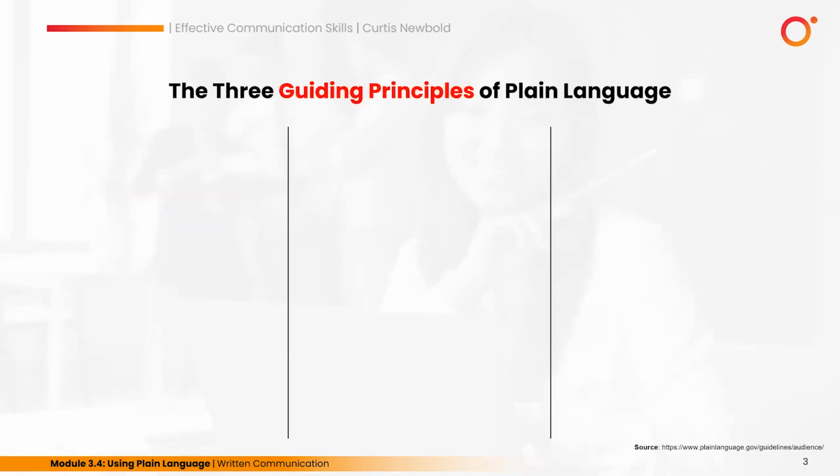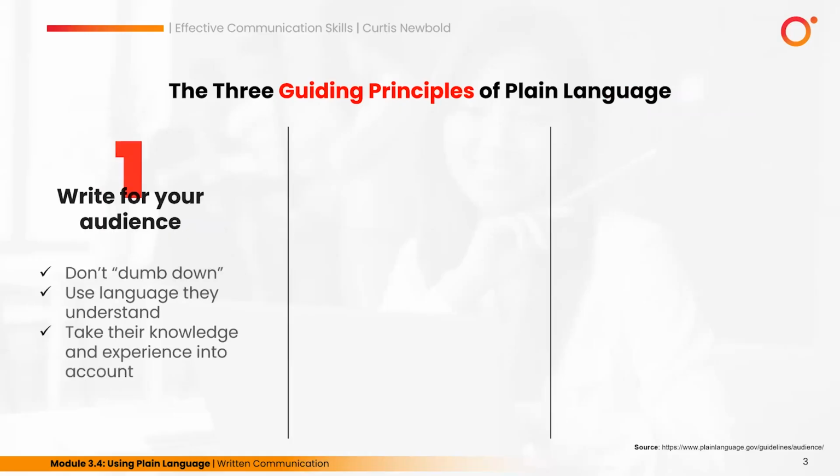So, three guiding principles of plain language. First of all, we write for our audience, meaning that various audiences have different needs, different levels of vocabulary, or different levels of simplicity. We don't dumb down the language. That's not what using plain language means. Rather, it means using language that our audience will understand. So we want to take their knowledge and experience into account.